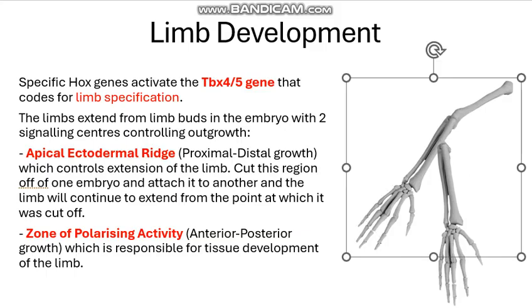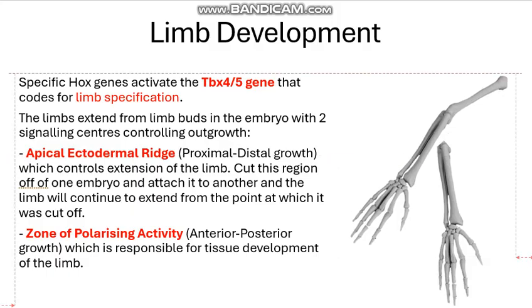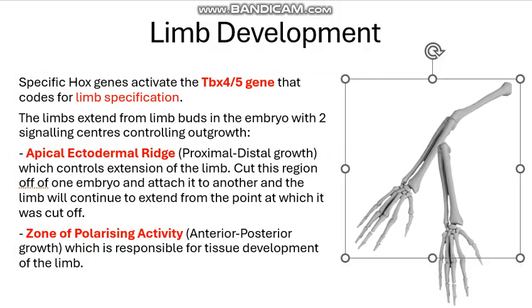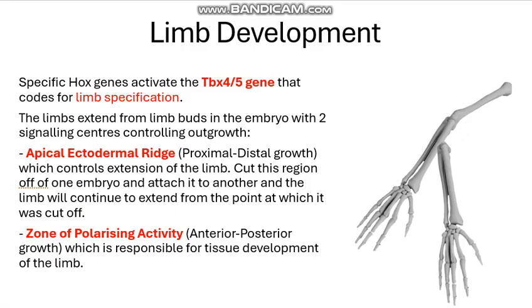So let's say in an embryo, this would be a normal arm over here. Let's say that we took development from the humerus in one embryo, so the apical ectodermal ridge is extended enough to develop the humerus.